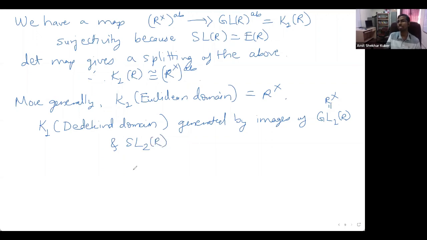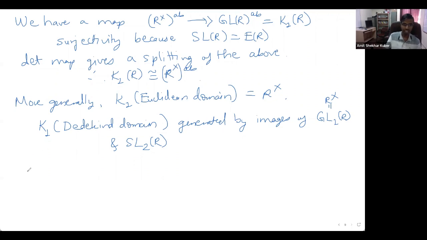So there will be some SL2 matrices, like you try to use Gaussian elimination on a 2 cross 2 matrix. Even if the determinant is 1, you cannot move forward to get a diagonal matrix, because the ideals are not necessarily principal. So K1R is generated by images of GL1 and SL2, not just GL1.